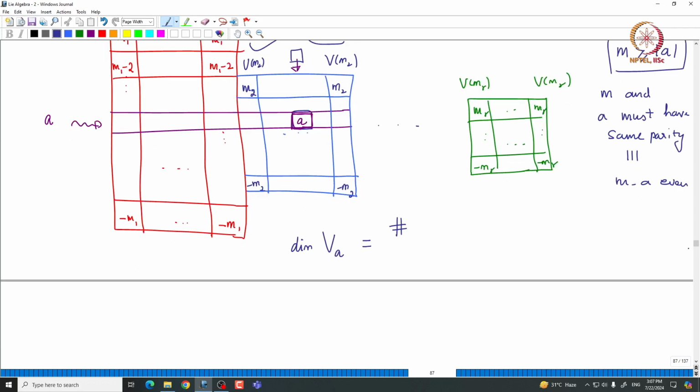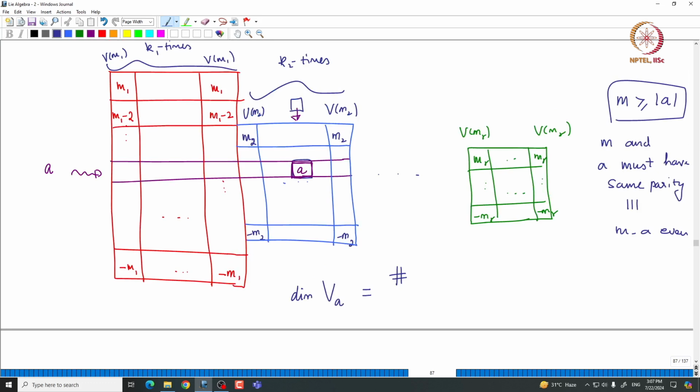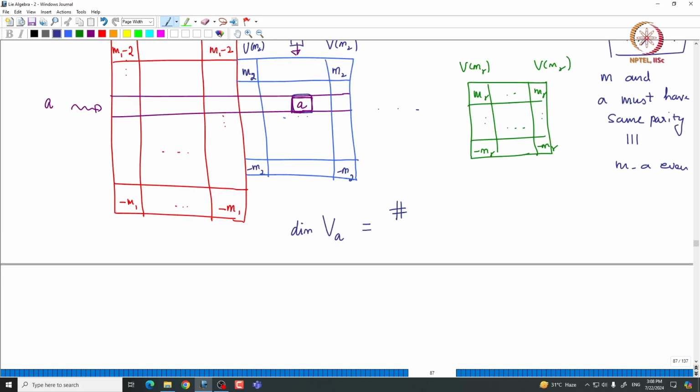So, now we can actually easily count what will be the dimension of V A, because each m that satisfies this property, that comes from this collection, is going to give you one dimension contribution to V A. So, that means the dimension of V A is going to be the number of direct summands that are isomorphic to V m, where this m should satisfy this property: m is greater than or equal to mod A and m minus A must be even.